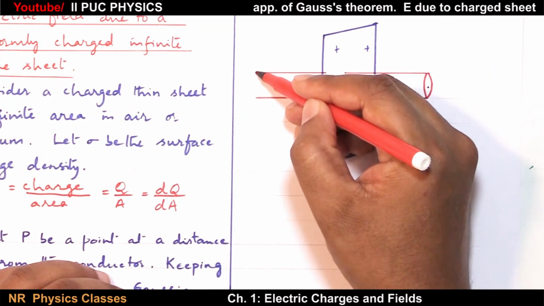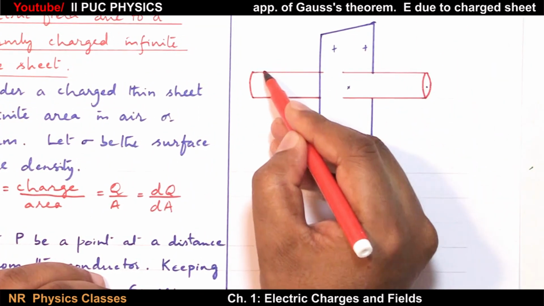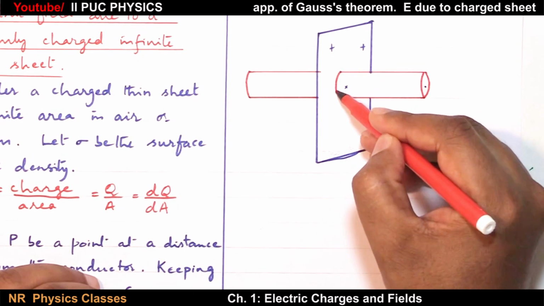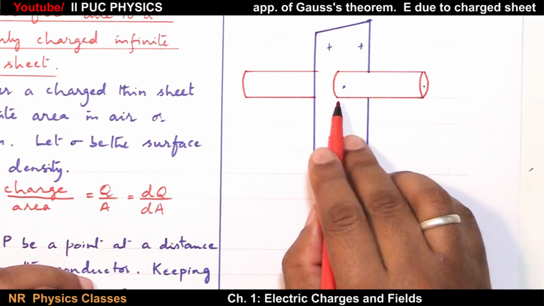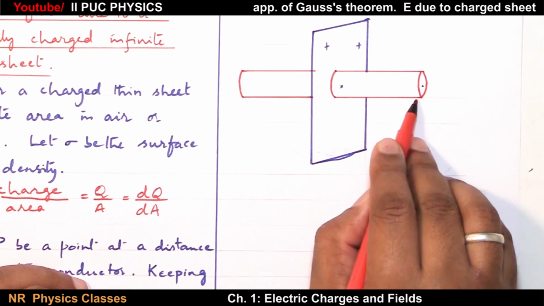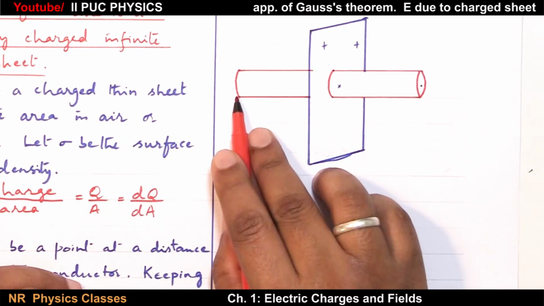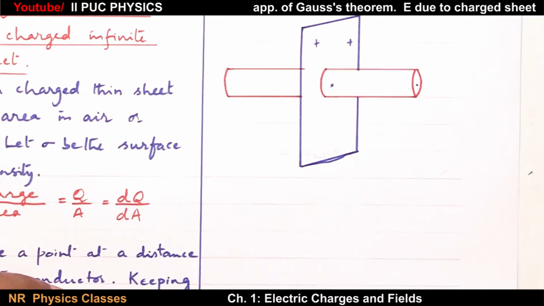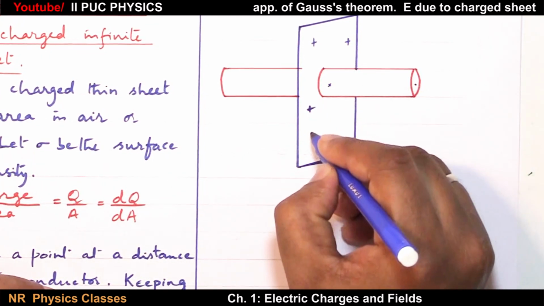So this is that Gaussian cylinder. Let half of the Gaussian cylinder be on one side, the other half is on the other side. Okay. Now these are the charges on the sheet.